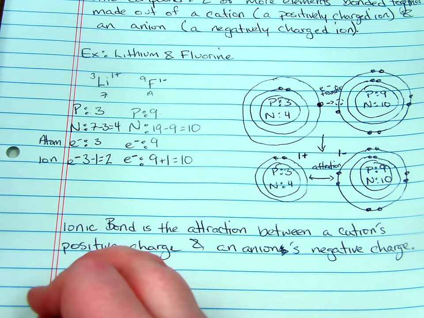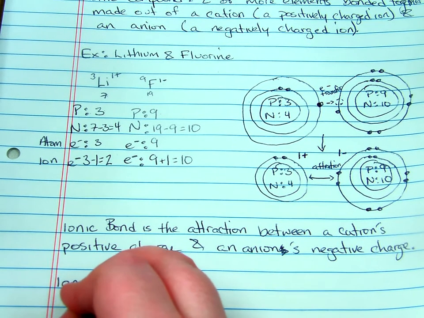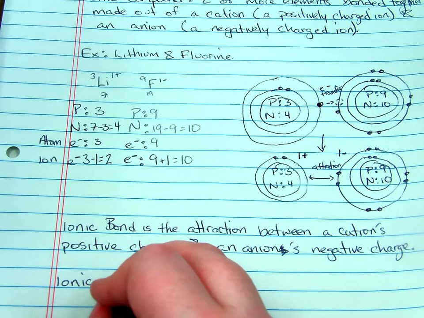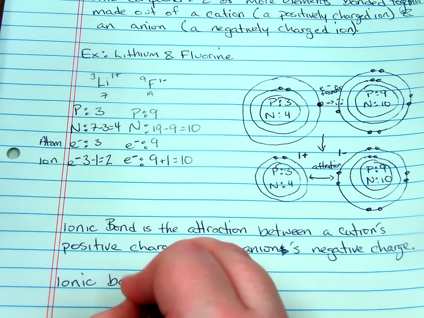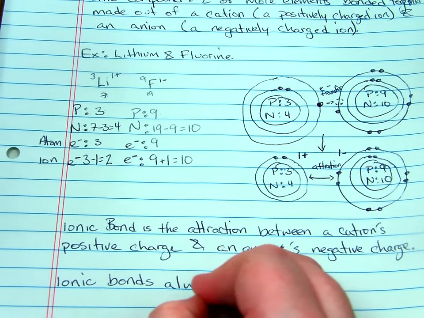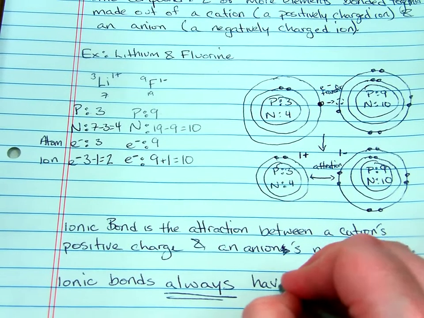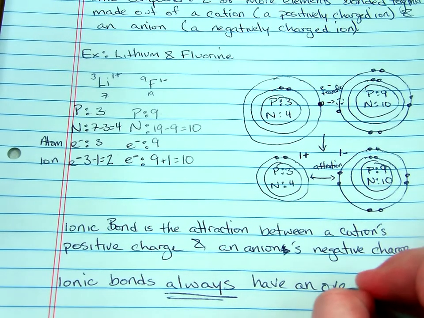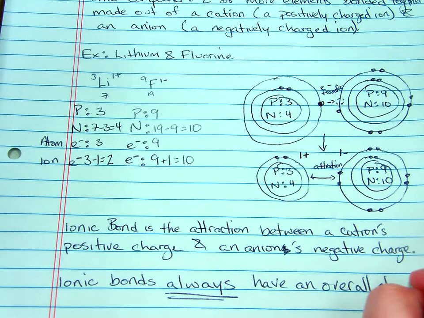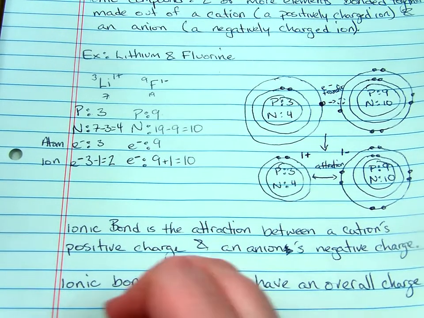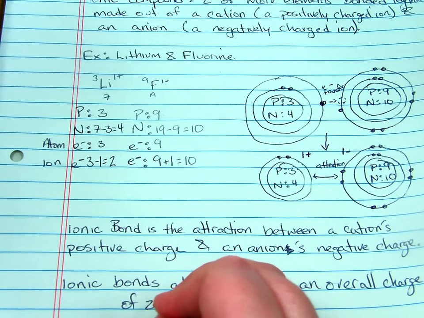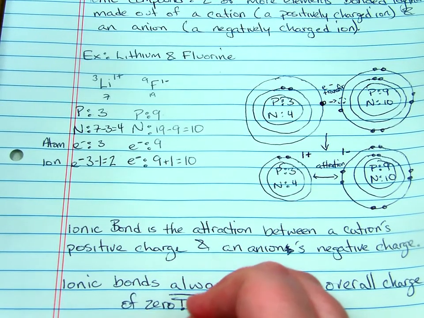So, but when we look at the ionic bond in general, ionic bonds always have an overall charge of 0. They will always balance until you have a charge of 0.